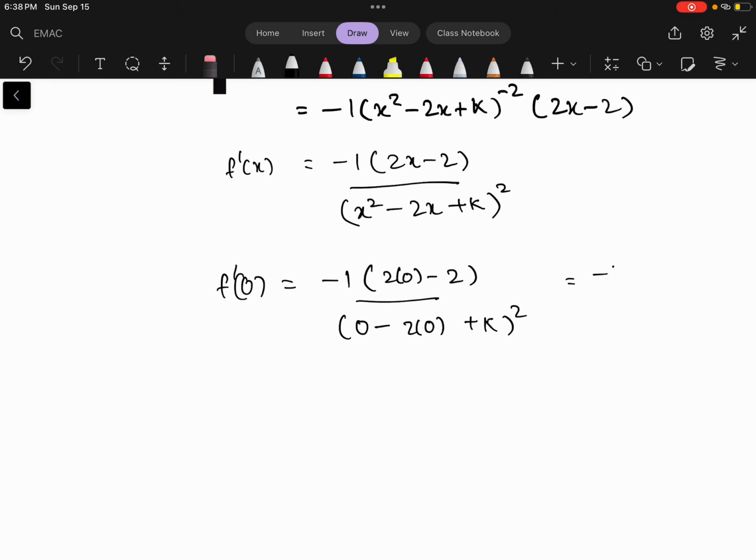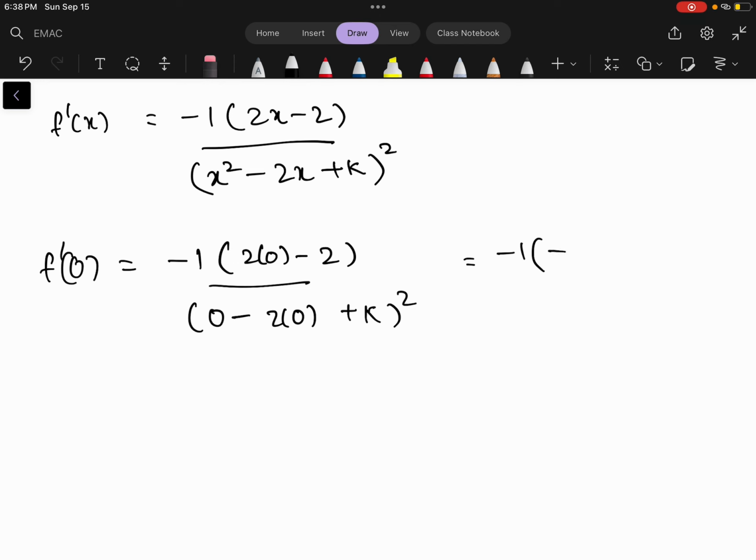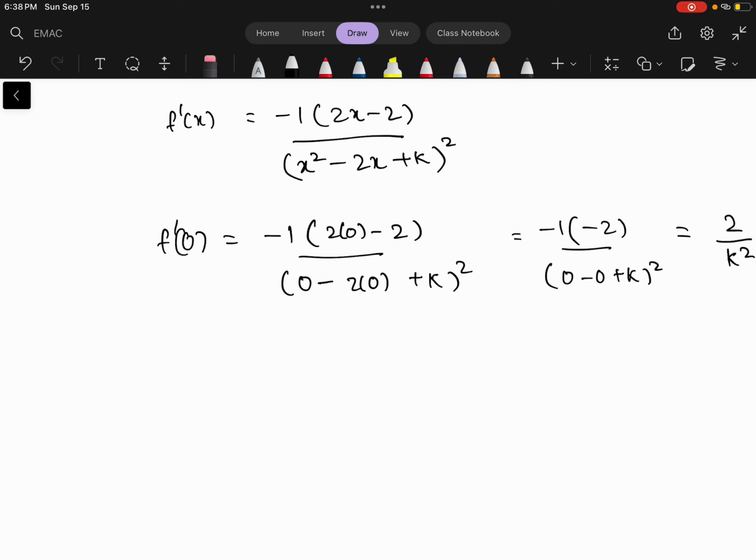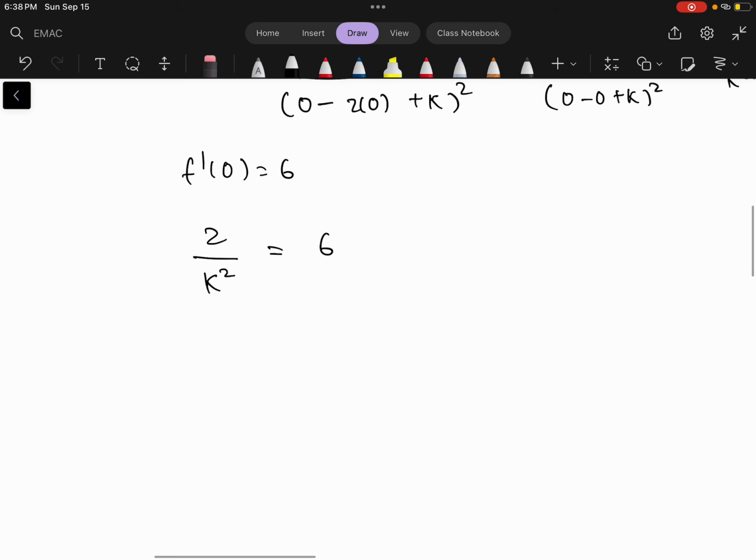That is negative 1 times 0 minus 2, so negative 2 over 0 minus 0 plus k, whole squared, which is 2 over k squared. We have that f prime of 0 is equal to 6, which means 2 over k squared equals 6.